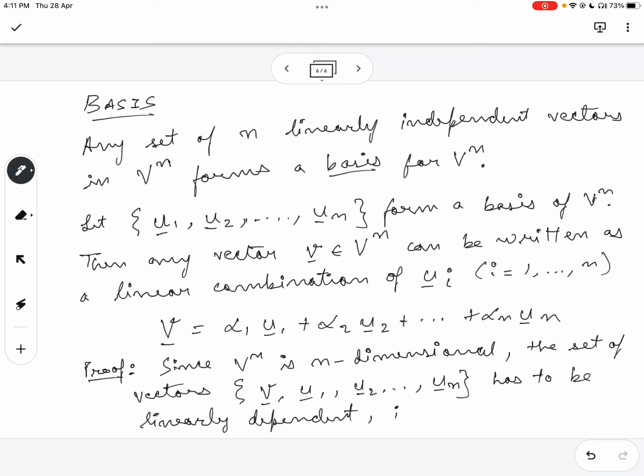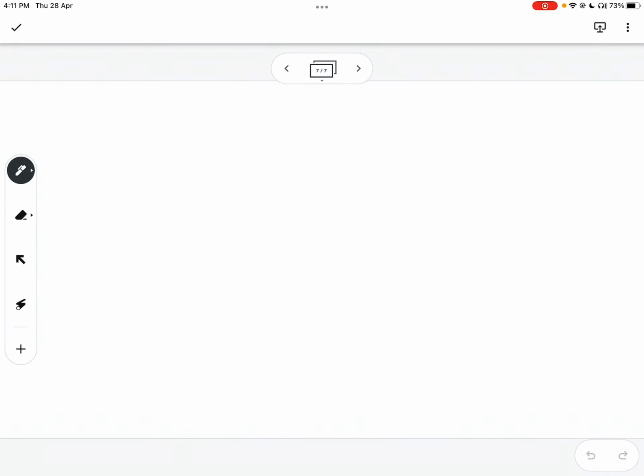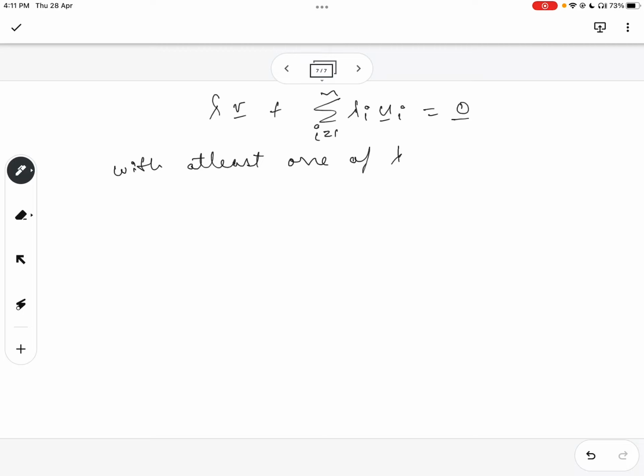Which can be written as lambda v plus sigma lambda i ui, i goes from 1 to n, is 0 with at least one of lambda and lambda i's non-zero.